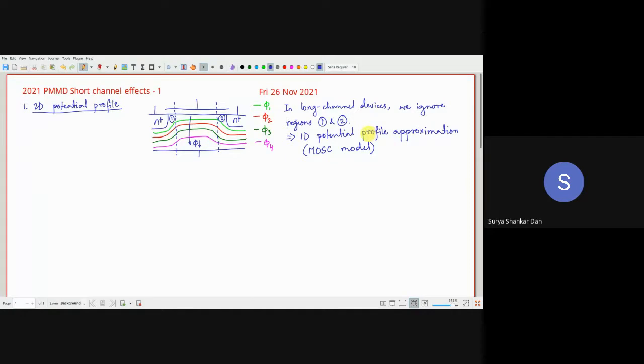Okay. However, when the same thing becomes for small, scaled devices, now the scaled device will look something like this. Then the same curves will essentially become somewhat like that.